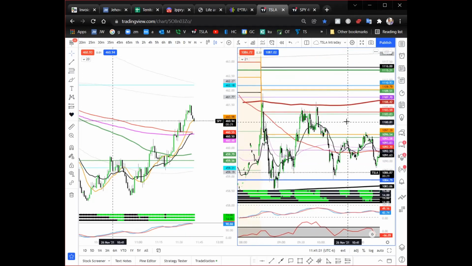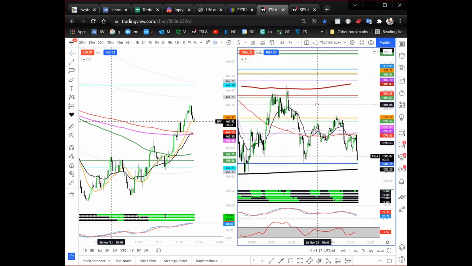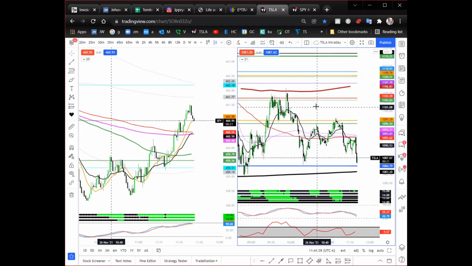That's a huge level. Or the 1-hour 50 MA, another huge level. So having them all on one chart along with my algos gives me an unfair advantage. It really does.